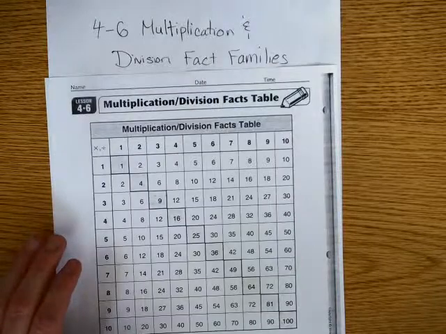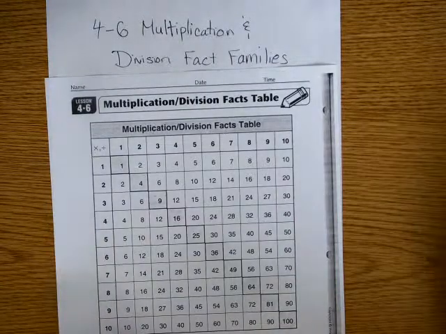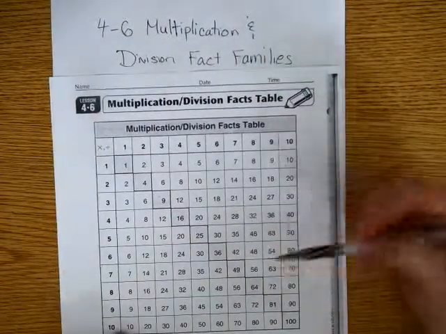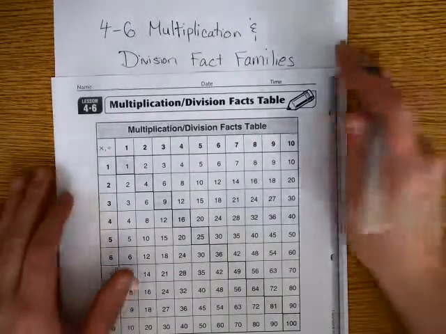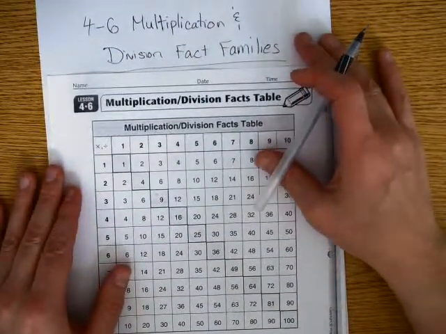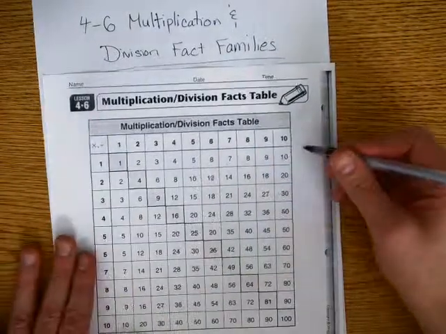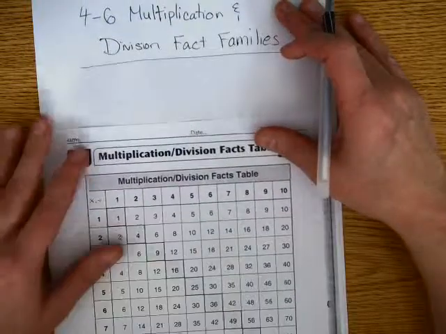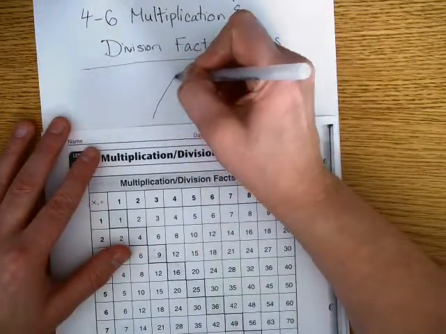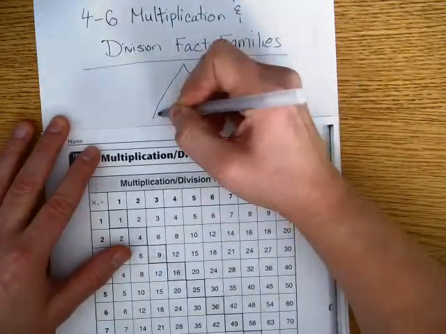We also want kids to be able to use fact triangles, along with this fact table, to generate multiplication and division fact families. A multiplication division fact triangle looks like this, just a triangle. You've probably seen the addition and subtraction triangles.